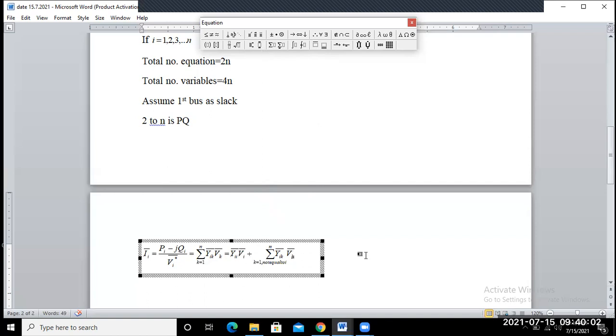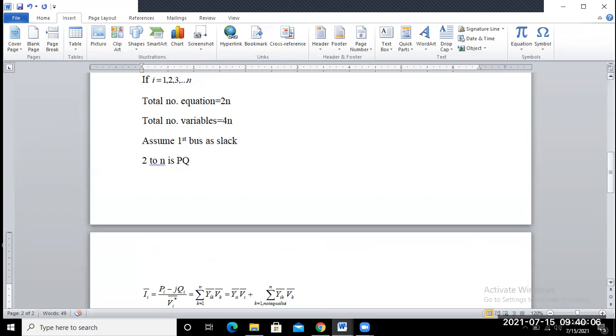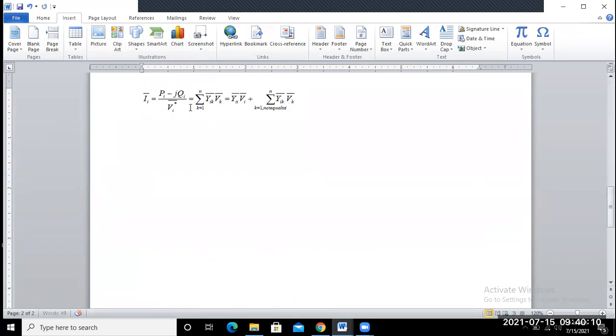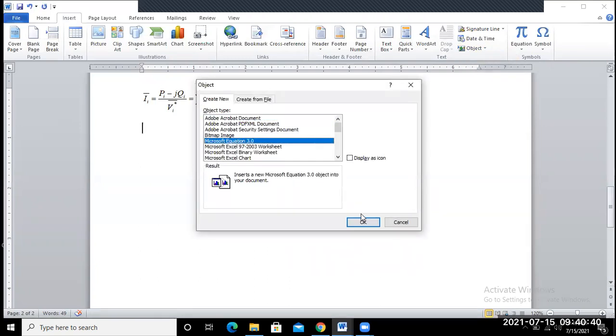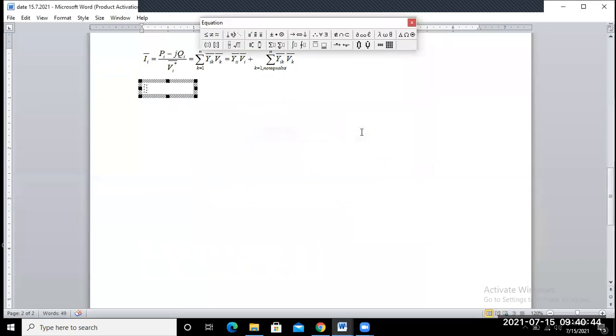So can we write here VI equal to, taking this part to the other side, PI minus JQI divided by VI complex conjugate minus the summation of k equal to 1, not equal to I, to n, YIK VK, divided by YII. So for VI we can write from the above equation, VI equal to 1 by YII.